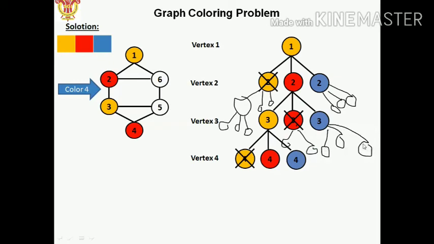So see how it is growing in the exponential of 3 to the power 0, 3 to the power 1, 3 to the power 2, that is 9 nodes here. So this is going 3 to the power 0, 3 to the power 1, 3 to the power 2, 3 to the power 3.